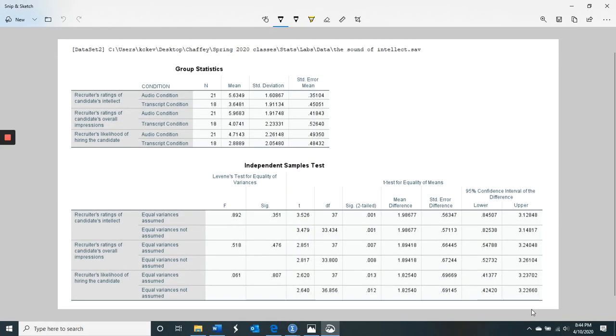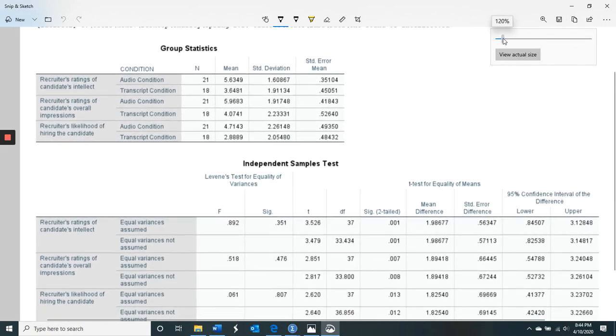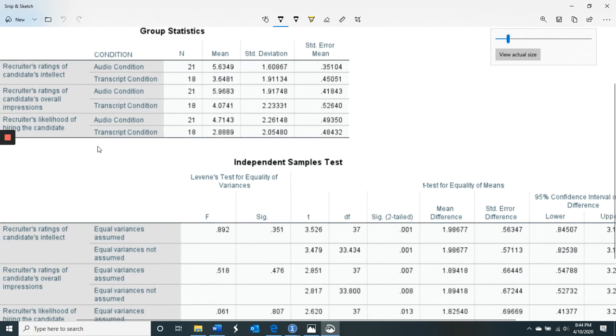Okay, here we go. Here is the output again. And we're on the third and final t-test. This one is how likely are they to hire the candidate?